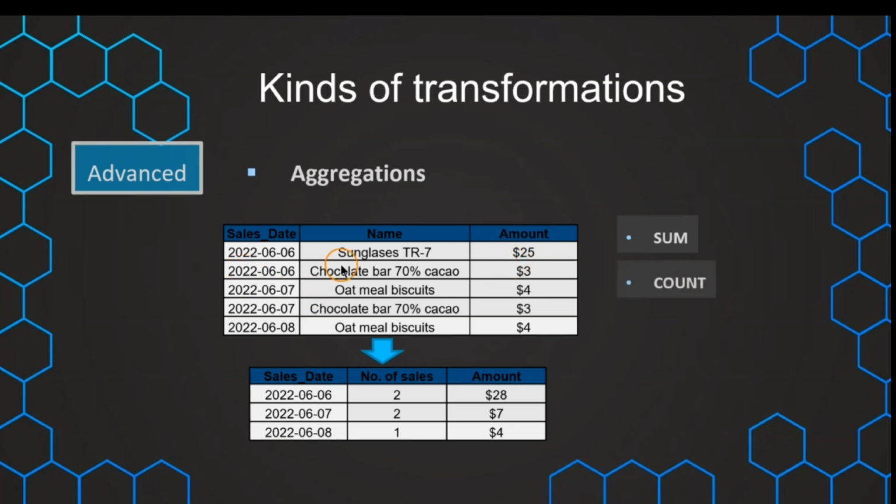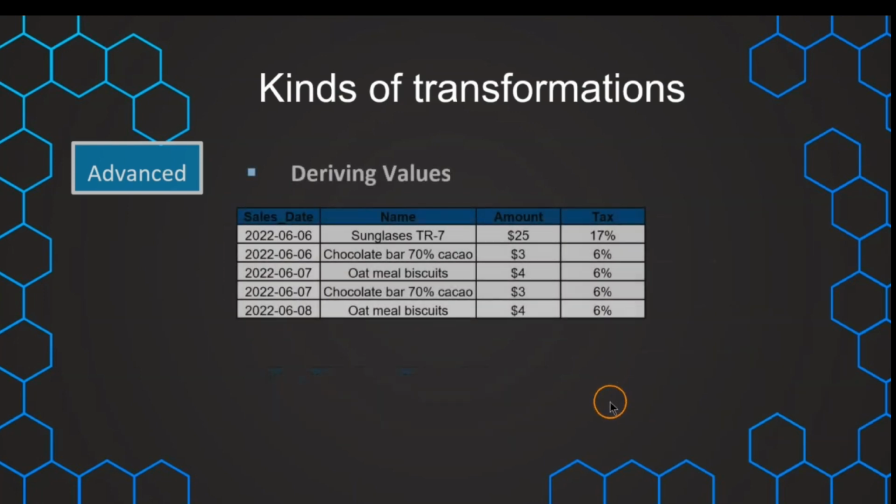But we also want to count the number of sales. So we want to count basically the number of rows, because one row is the same as one sale, one transaction. But if we also want to understand how many different products we have sold, we can use things like a distinct count, and then we just get the distinct number of values. We can also use other aggregations, such as an average.